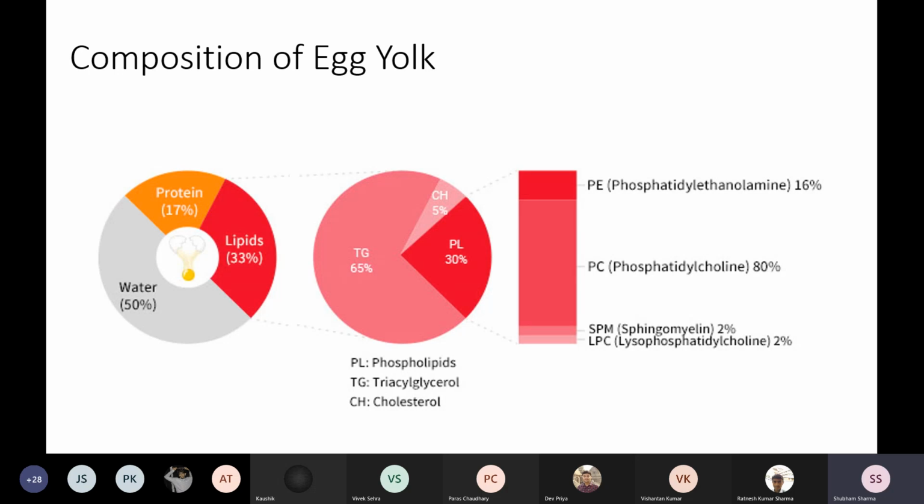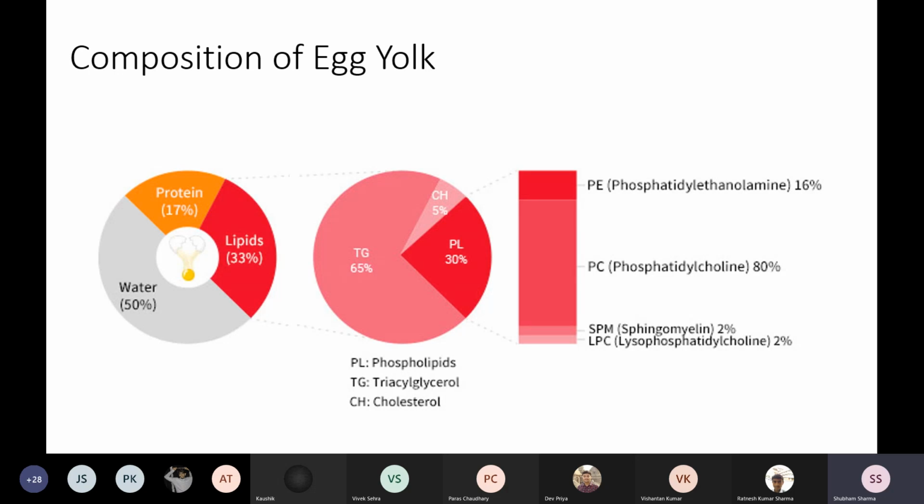Examples of non-polar solvents are ether, chloroform, or benzene. At this point, I want to make an important clarification: why these lipids are hydrophobic in nature. The hydrophobicity in lipids is due to the hydrocarbon chain in their structure.